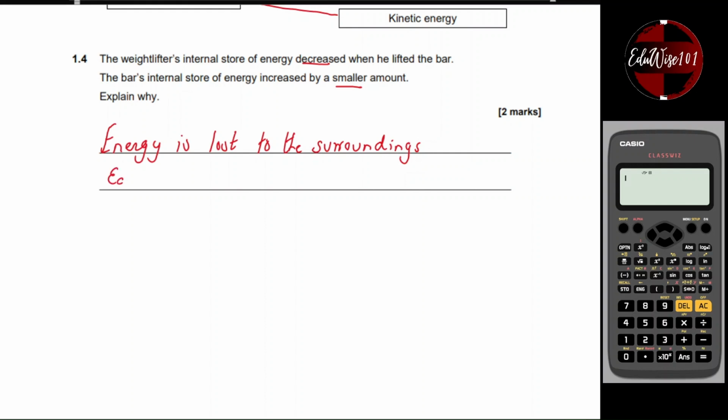Example, as thermal energy gained by the air. Next question.